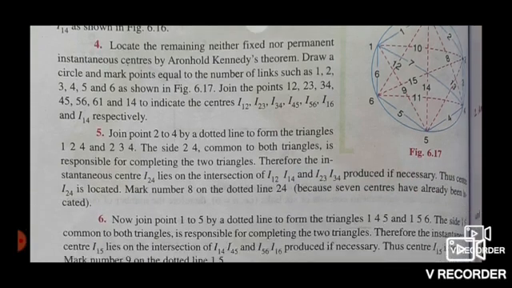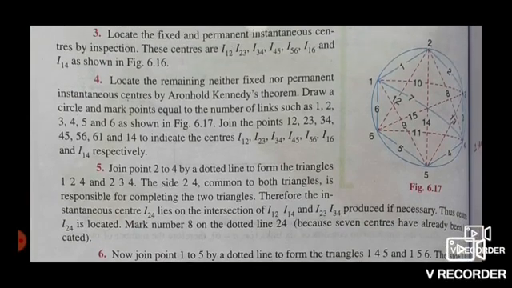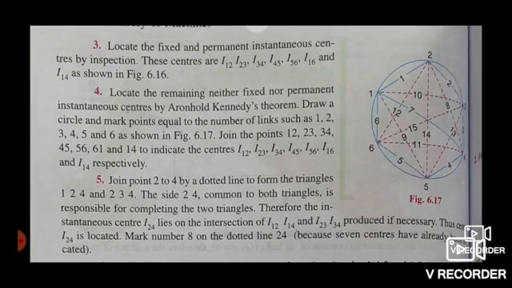Fifth point, join 2, 4 by a dotted line. Now we have to join 2, 4 by the dotted line to form the triangles 1, 2, 4 and 2, 3, 4. The side 2, 4 is common to both the triangles.